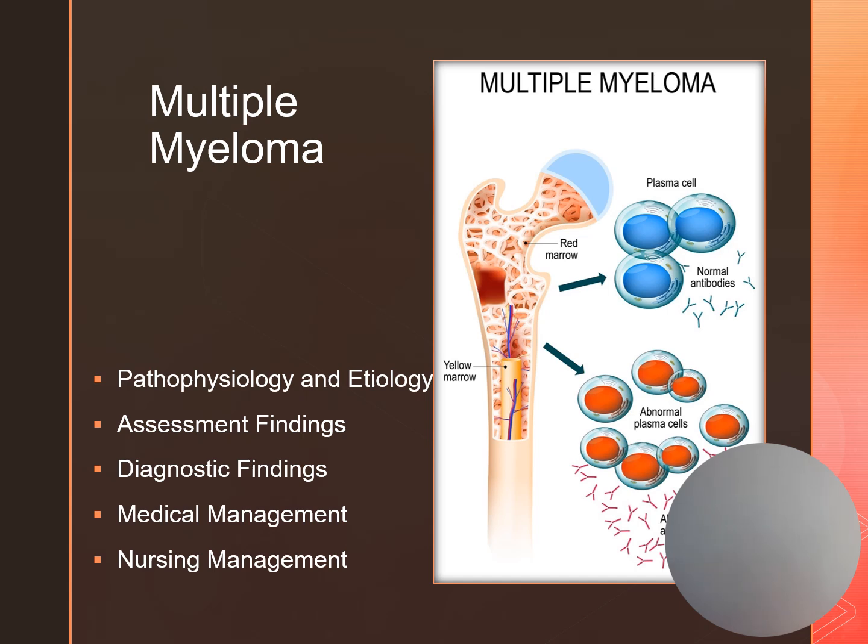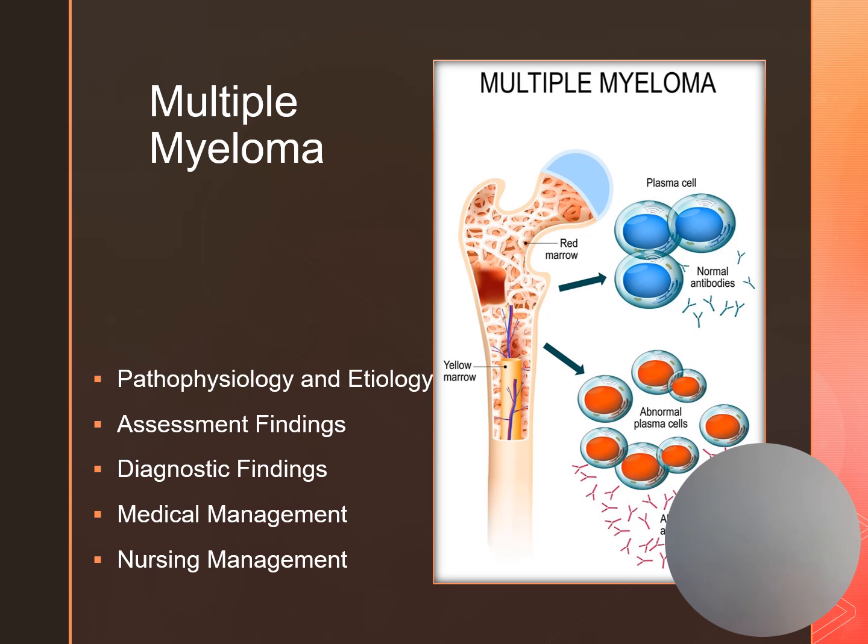So we now have hypercalcemia. And if we remove the calcium from the bone, then we're going to have those pathologic fractures, or fractures that occur without injury. We can also develop osteolytic tumors, which look like punched out or honeycombed appearance in the bones.